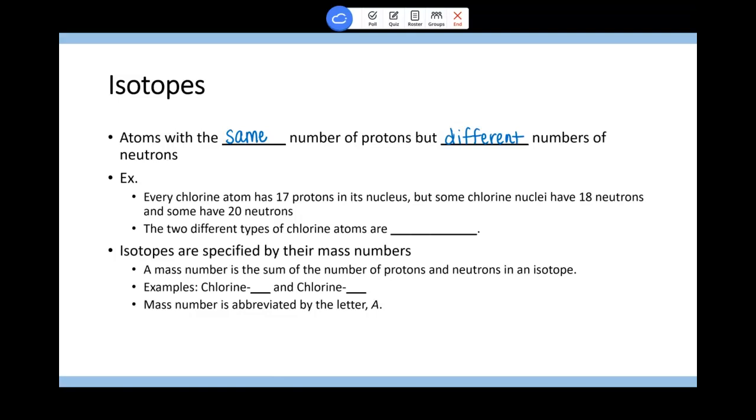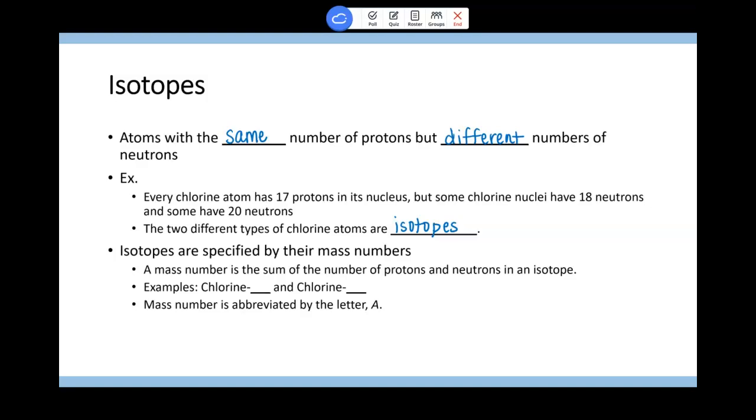As an example, every chlorine atom has 17 protons in its nucleus. If you have 17 protons in the nucleus, it's always chlorine. But some chlorine nuclei have 18 neutrons, and some have 20 neutrons. So these two atoms of chlorine are isotopes of chlorine. They're both still chlorine, but they have different masses.